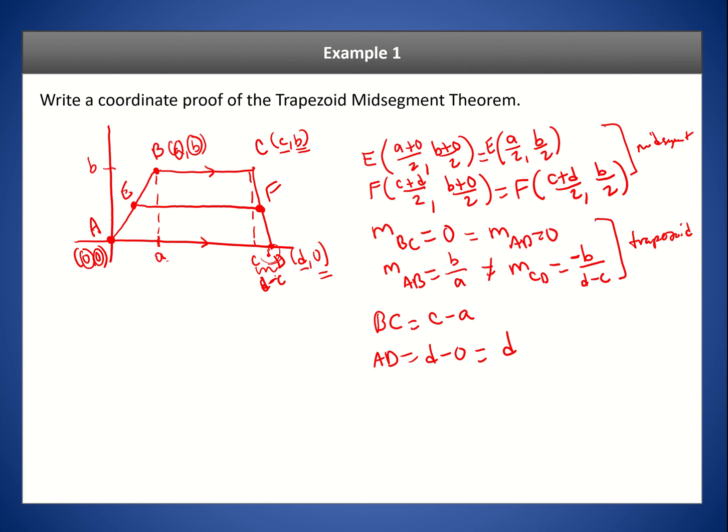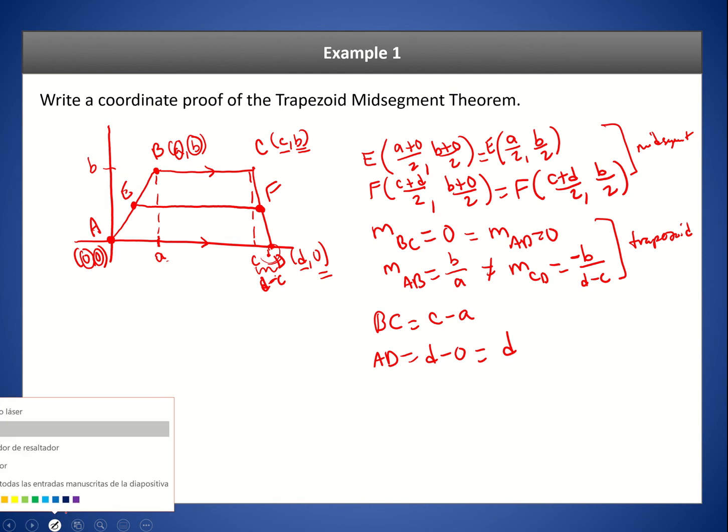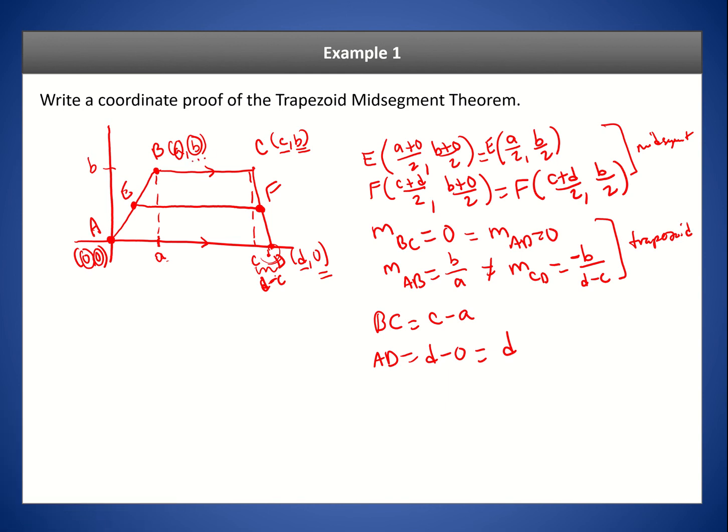Okay, so we got the distance of AD and BC. So now let me do this in another color. So this is distance C minus A, oops. This is the distance of C minus A rather. And this is the distance of D. Now we want to average those two numbers together. So these two purple ones, this one and this one, we got to average those two.